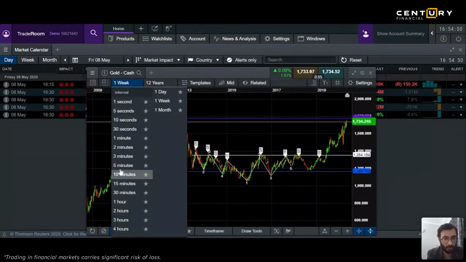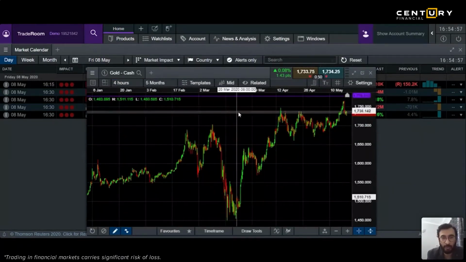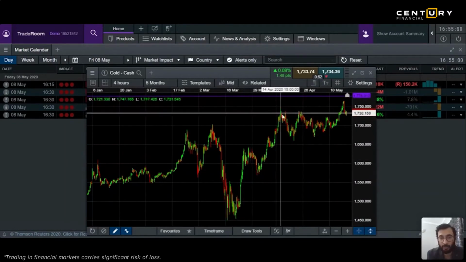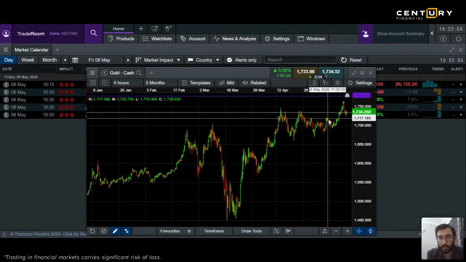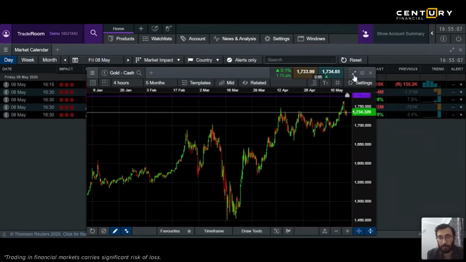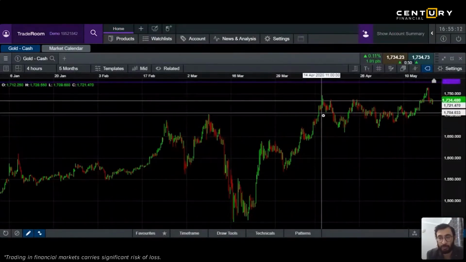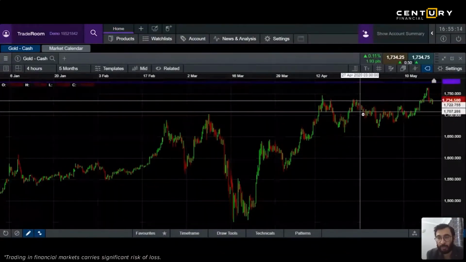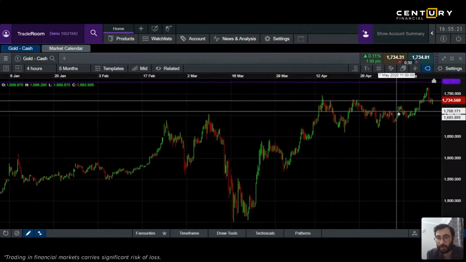Okay, let's take a 4 hour chart. April, March, April, and okay, 10th, 9th, 8th. I'm maximizing this, zooming into this area. I will take 7th May to 11th May.